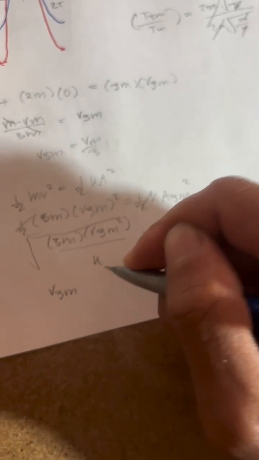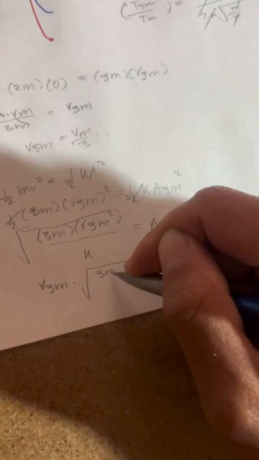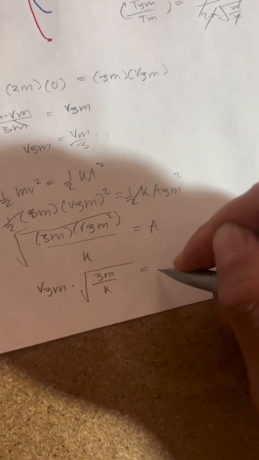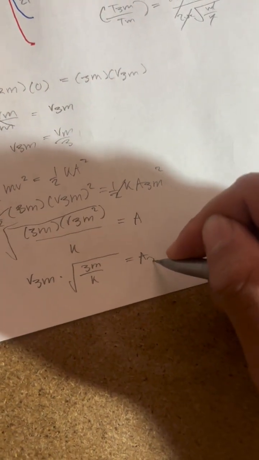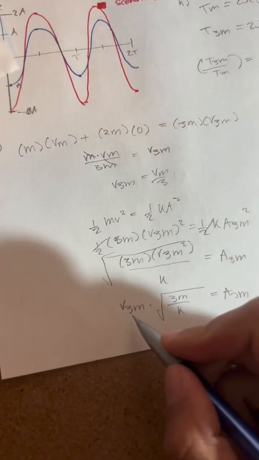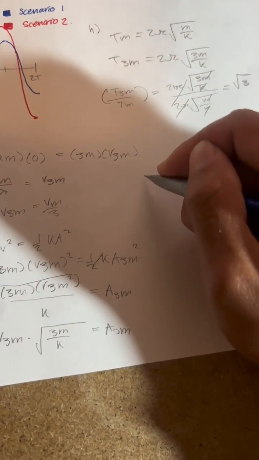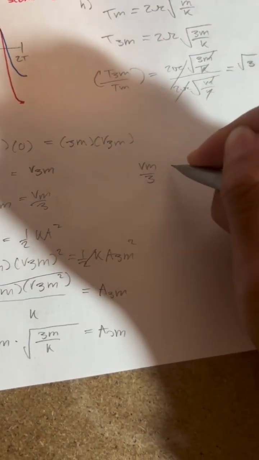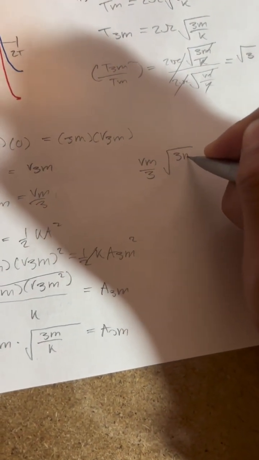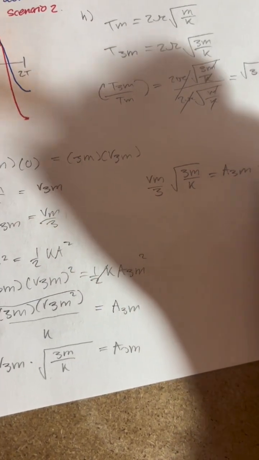So v3m times rad 3m over k is equal to a3m. Now v3m we found earlier is just vm over 3, so I'm gonna write over here that vm over 3 and rad 3m over k is equal to a3m.